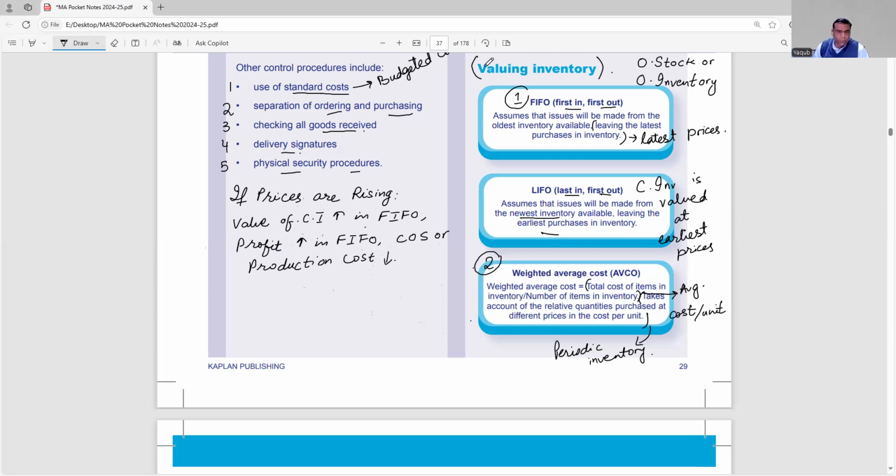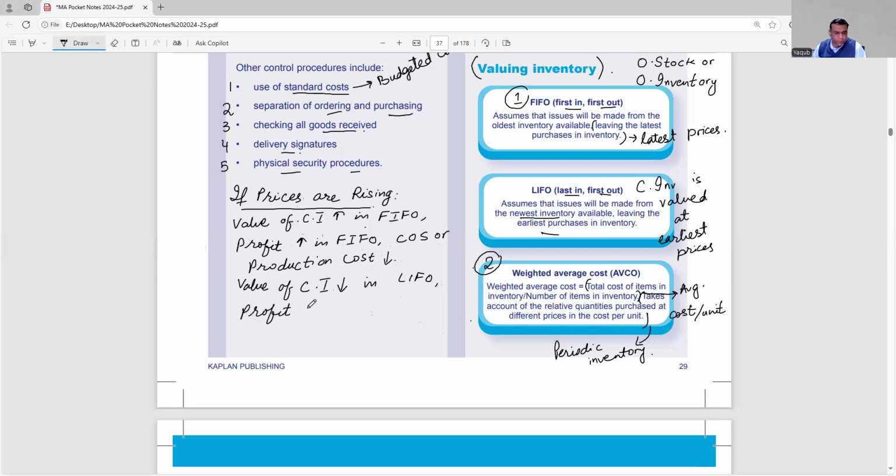If prices are rising, it is called inflationary. So LIFO is opposite to FIFO. That's why its value of closing inventory will be lowest in LIFO. If it is lowest, what does it mean? It means its profit will be lowest as well.